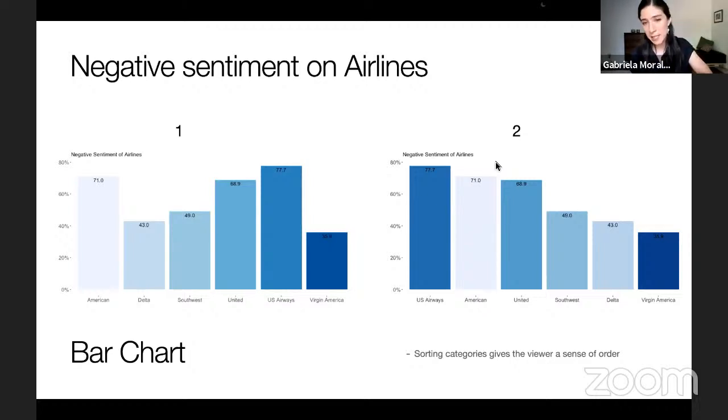number of tweets per airline, and you want to show it below, like that graph, and then underneath that, you want to show number of tweets. Well, you want to be consistent and have US Airways first. So even if US Airways has fewer tweets than American, the graph that you would put here would be different.